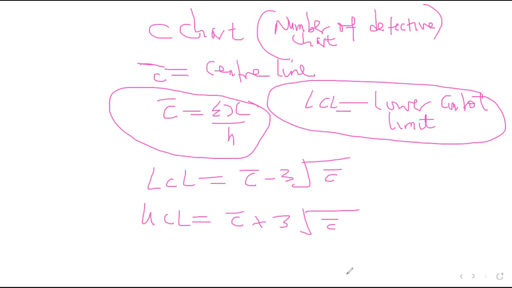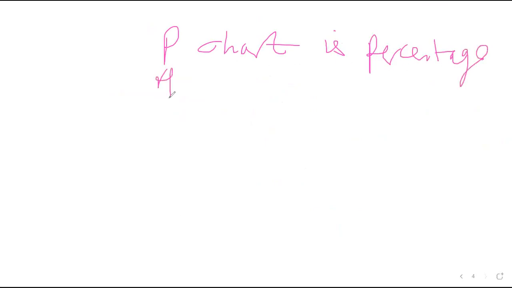Then getting down to the P chart. The P chart is a percentage of defective chart. So P bar is the center line.